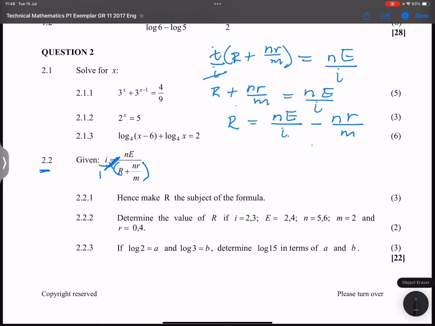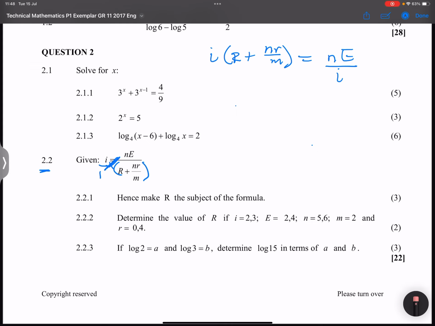But if you just wanted to see if there's another way, what you could have done is multiply the I into the formula. So I'll have IR plus INR over M, so multiply the I into both sides of the equation, and this is equal to NE.